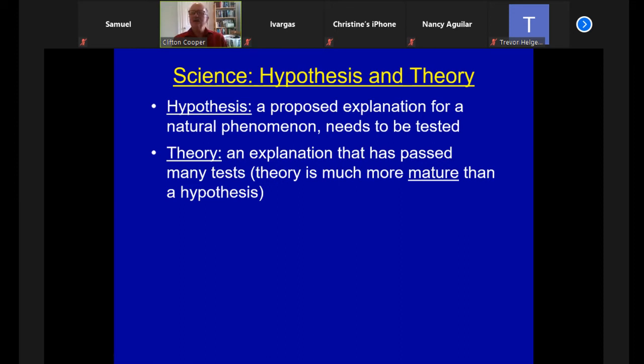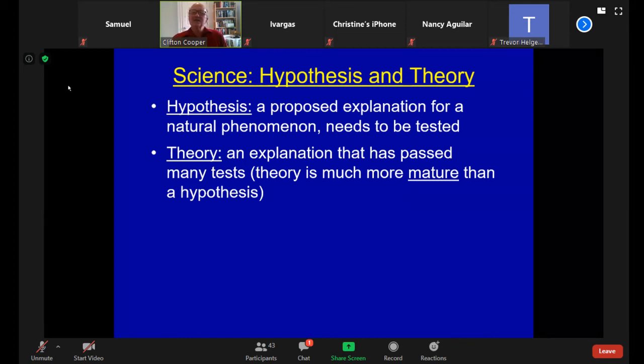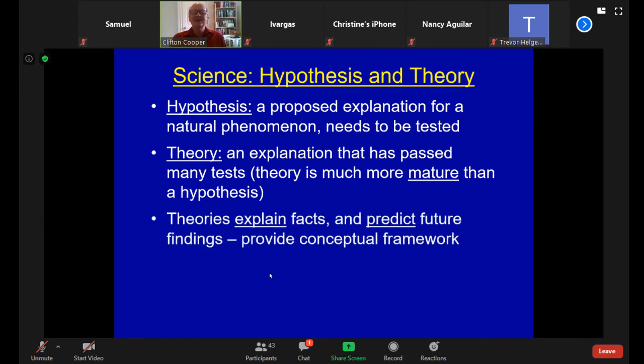That's what people generally think theory means. Theory in science means something different and bigger and better than the way most people consider it. A theory is a grown-up hypothesis that has survived numerous attempts to prove it wrong and has a lot of support from experiment. And here are things that theories will do.